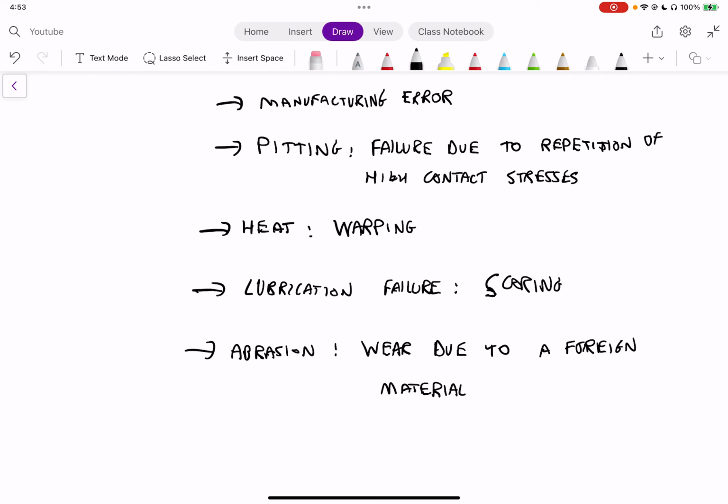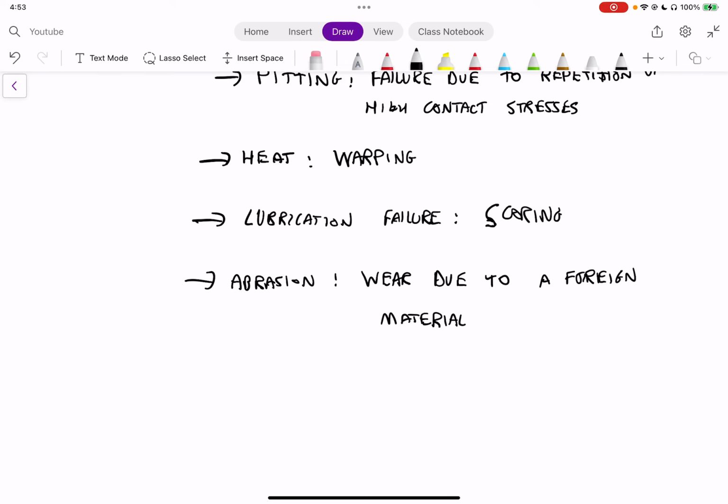The cooling system uses air or something from the outside, and you do have filters, but the filters can't filter everything out, and you could have a material reacting with your system. Usually abrasion is not a mechanical failure, it's actually a chemical failure.